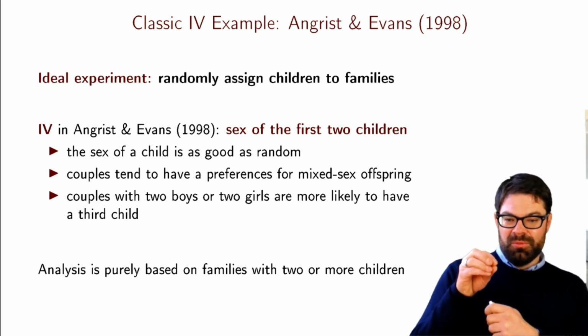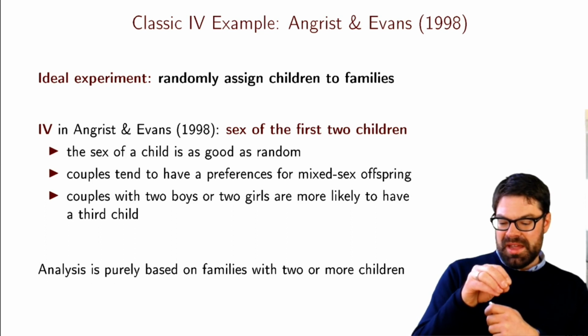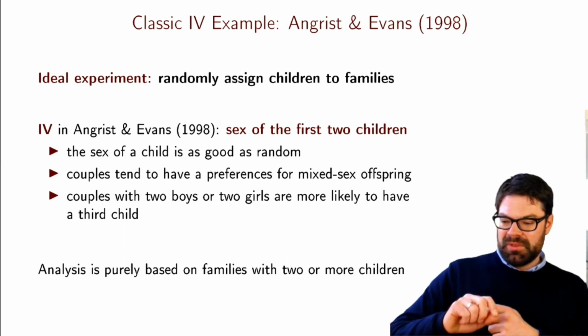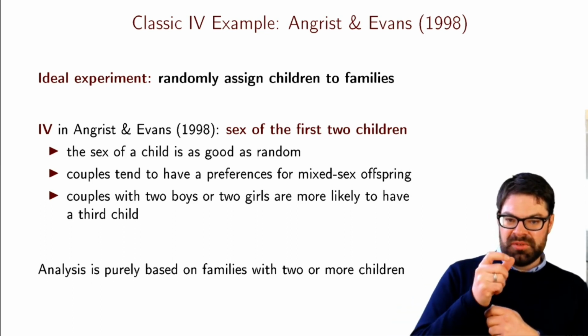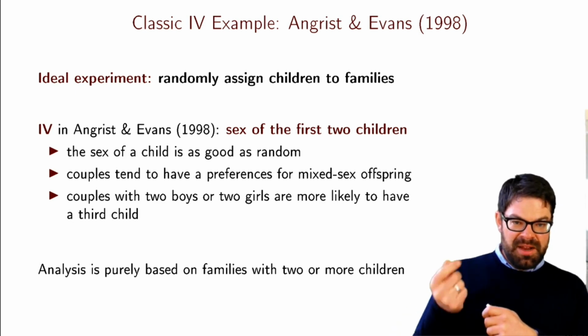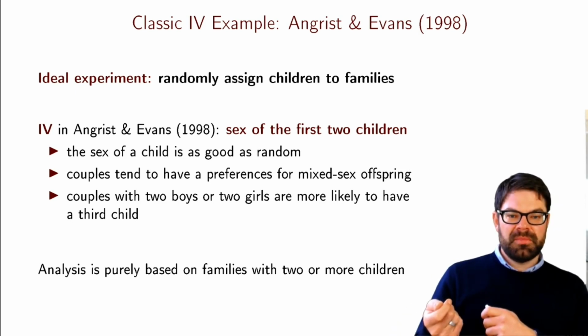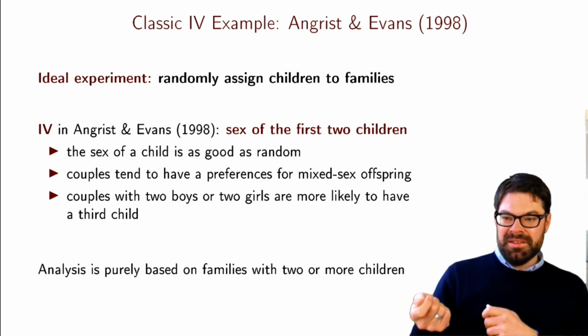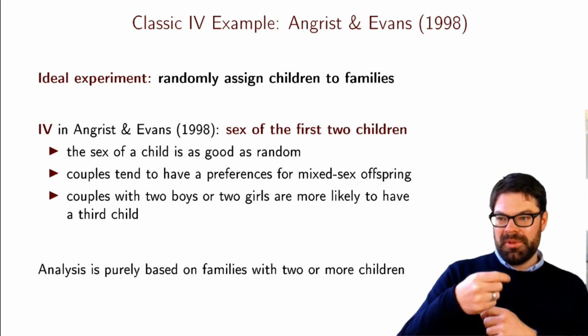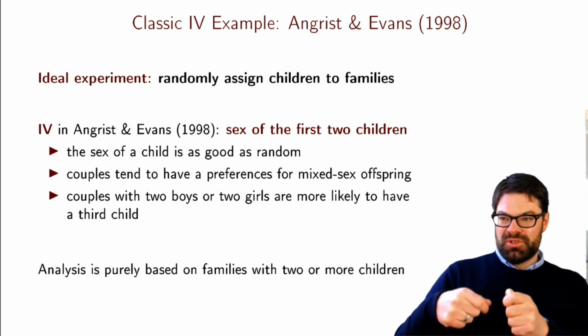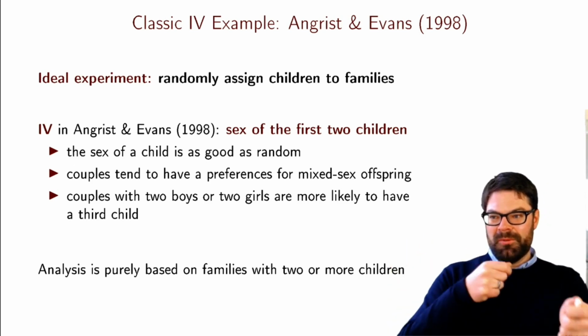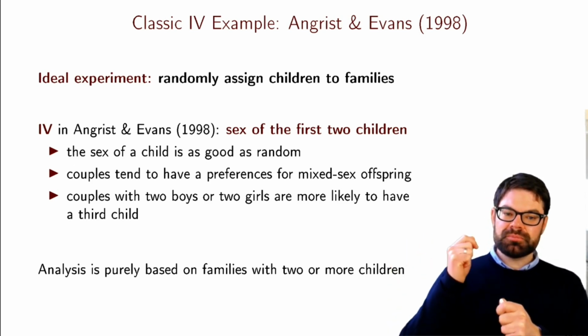And so the idea here is that the gender of the first two children is randomly assigned, and so it's random if a couple has two children of the same sex or of opposite sex.